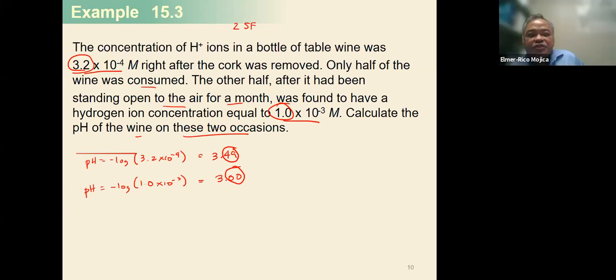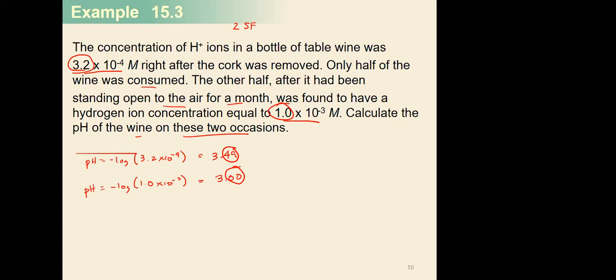The negative log of 3.2 times 10 to the negative 4 is 3.49. You made some wrong calculation there. Everyone who got other than 3.49? Everyone get the 3.49? Yeah, I see my mistakes.